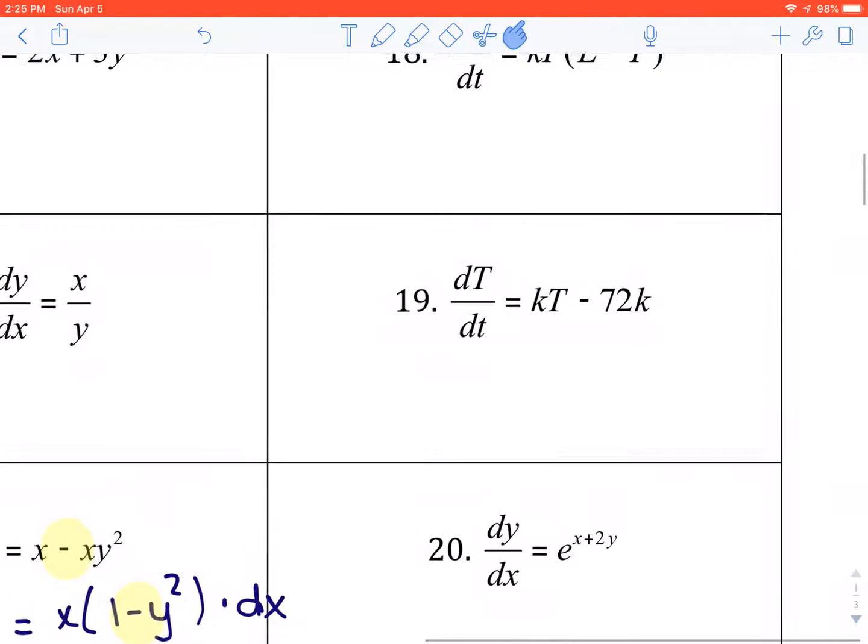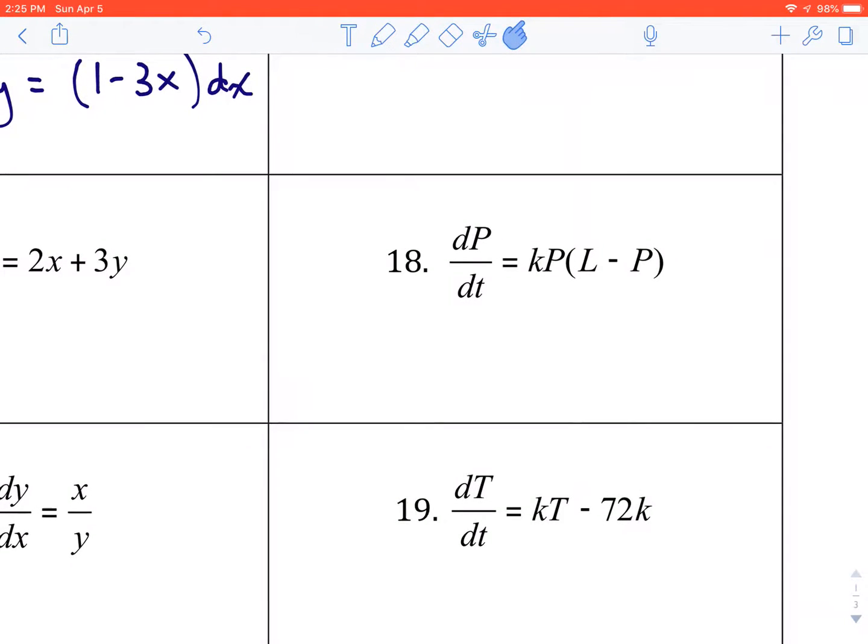Okay, two more. So number 18, think about that one for a minute. This is the one that as I did this worksheet, the one that I had to think just a little longer on.